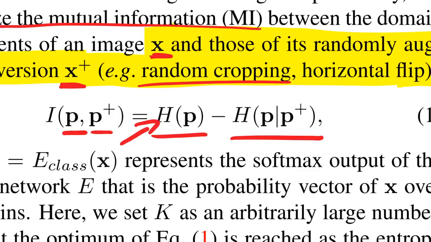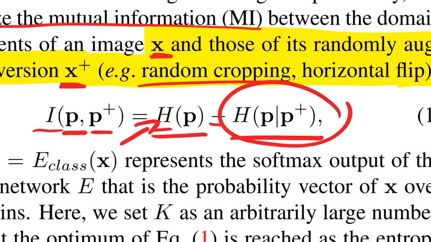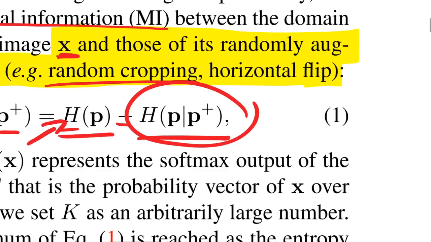We want to maximize the mutual information. We need to maximize this entropy. And then second, since this is a minus here, we need to minimize the conditional entropy of P given P augmented. What does that mean? That means if we know the augmented version of an image, its class labeling should be the same as the unaugmented version.